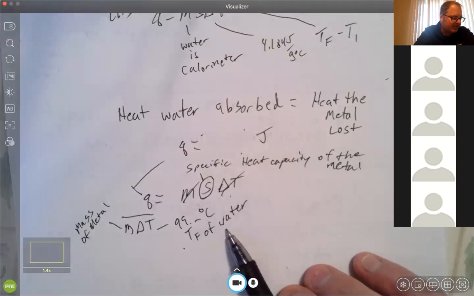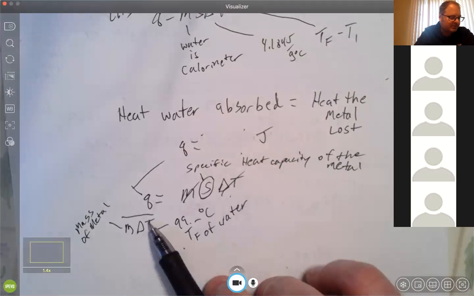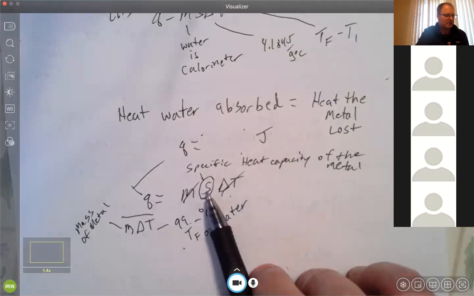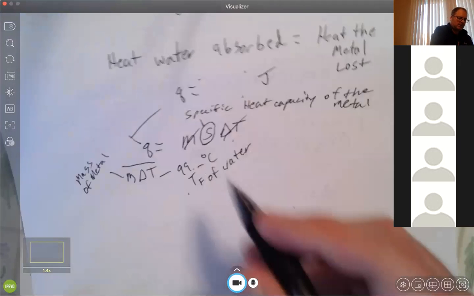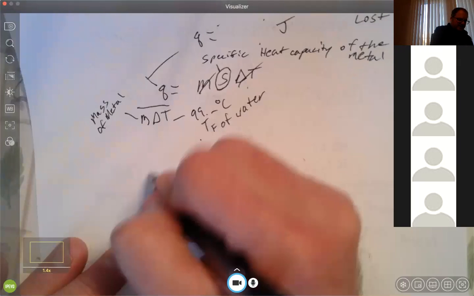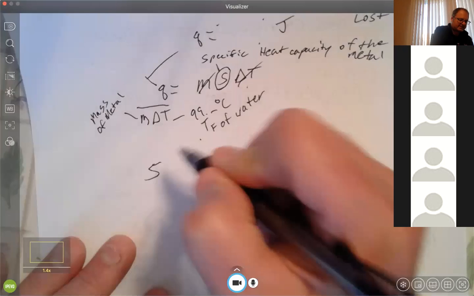So by plugging in these things, you would be able to find the s. So now you have that s, and that is the experimental s.